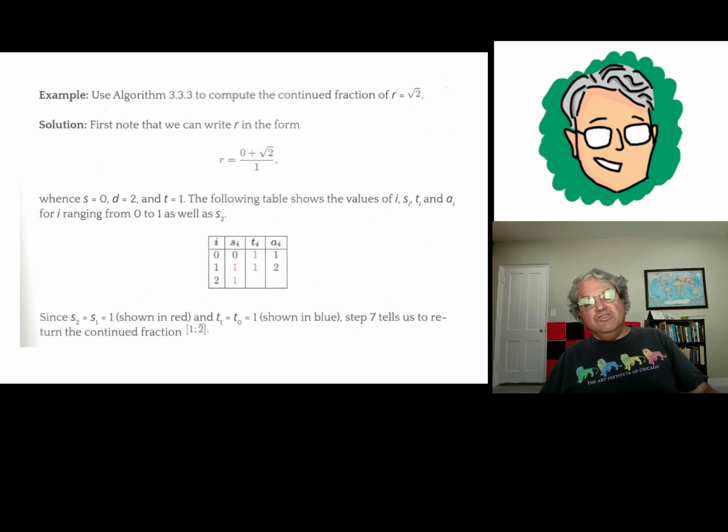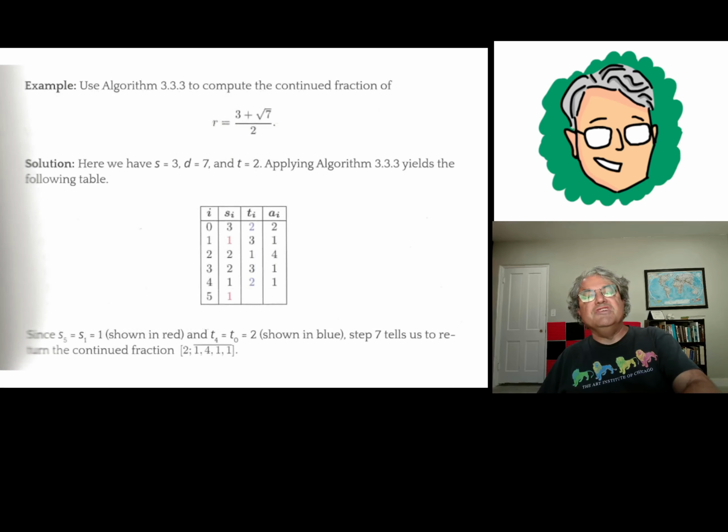So our result is the continued fraction 1 semicolon 2 with a line above it. In other words, 1 semicolon 2, comma 2, comma 2, keep going on like that forever. And I think I did say that was the continued fraction of the square root of 2 yesterday. We just proved it using this algorithm. Anyway, let's do another example. That was actually an easy example.